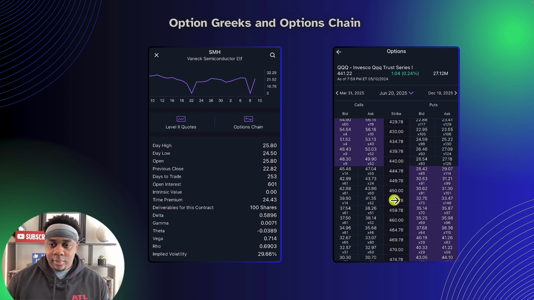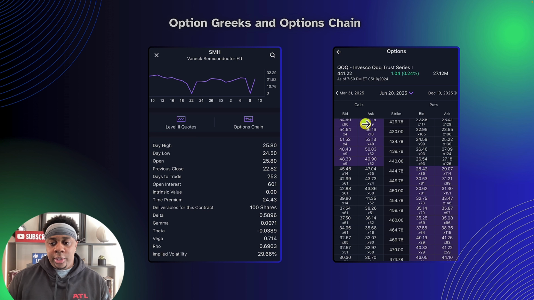Okay. So this is an options chain. So when you look at an options chain, you usually have your calls on one side and your puts on the other. So this particular stock we're looking at, well, actually it's an ETF, QQQ, tracks technology. You see this dark purple or this shaded purple, that lets you know that these are in the money on the call side.